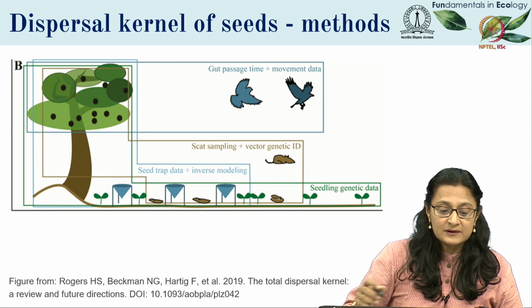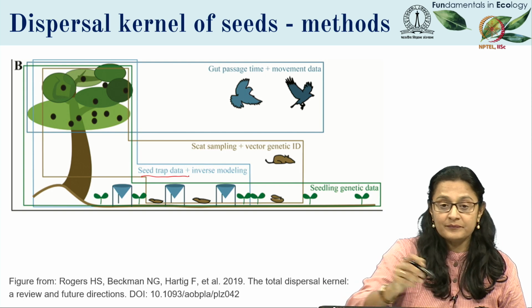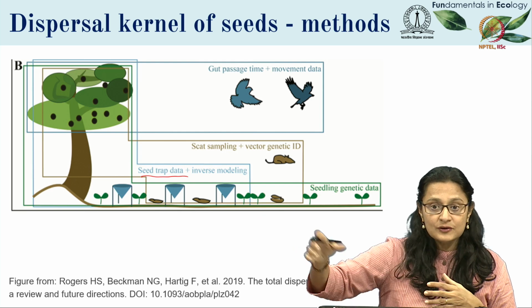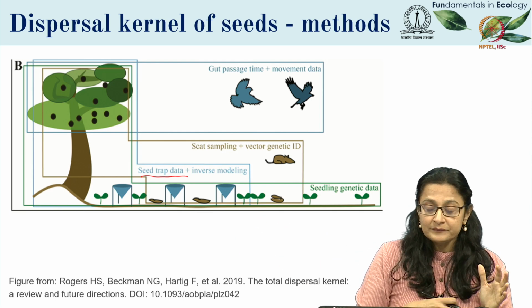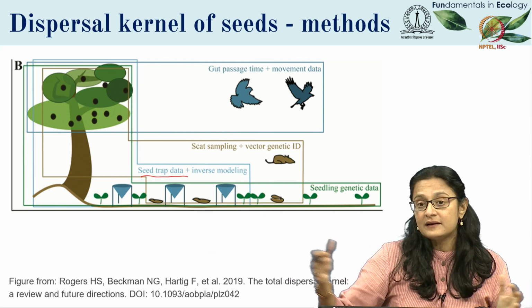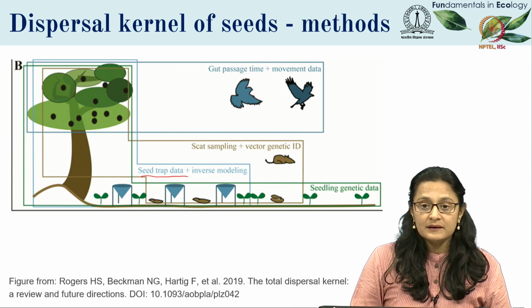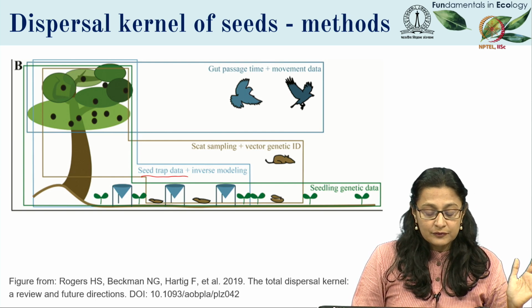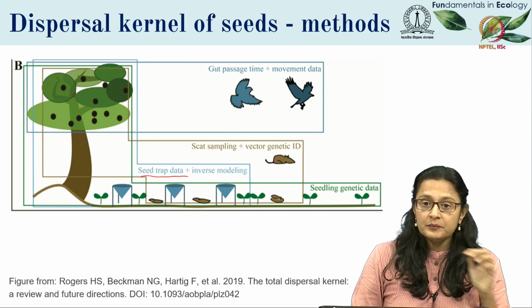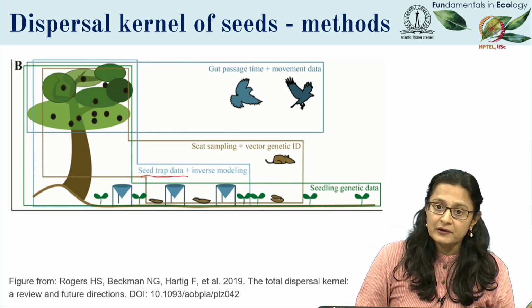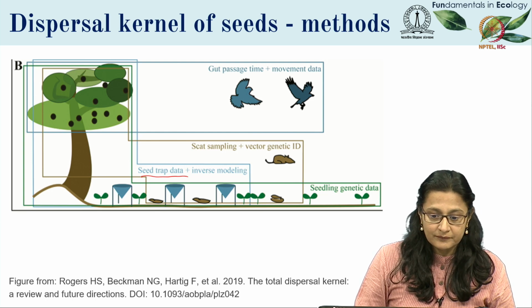One is you can set up seed traps, right, which are traps across distances away from a tree, and it will collect seeds at different distances. Right? And this would be an example of seeds that have been either carried by animals or carried by wind or dropped by gravity.